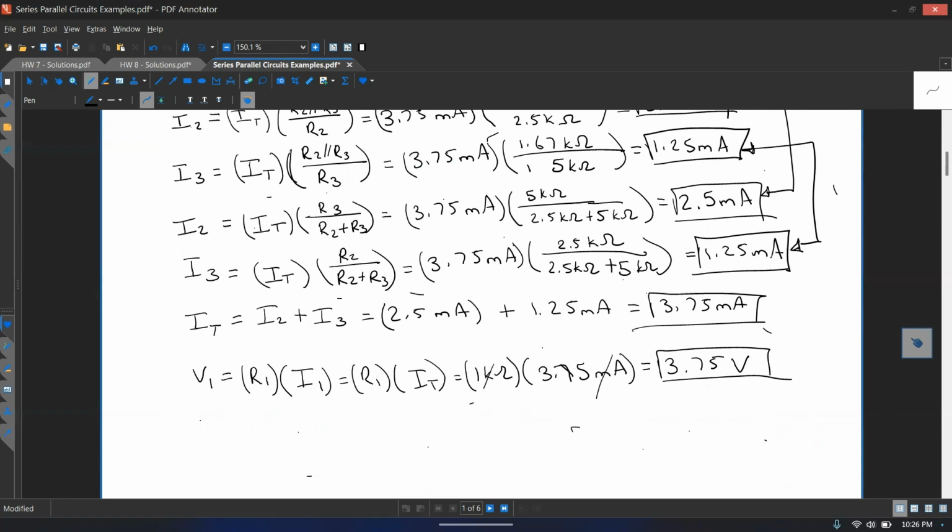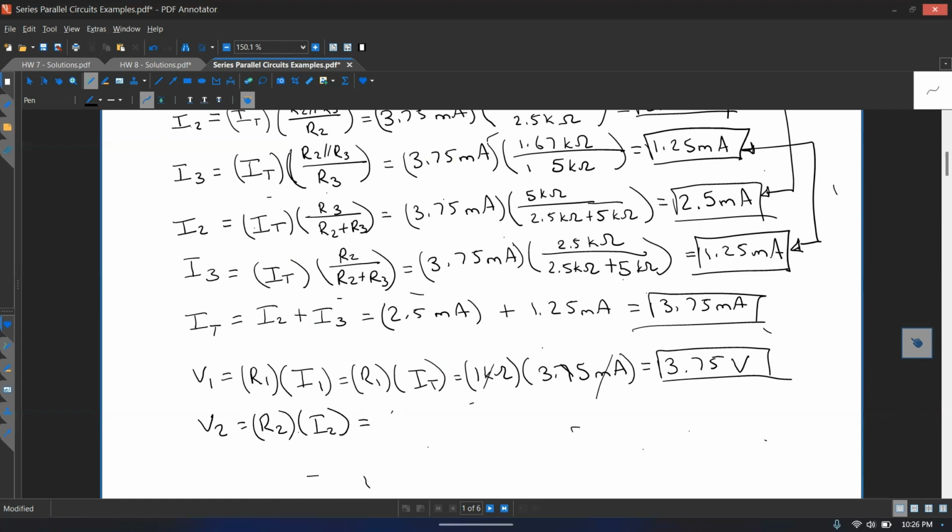All right, so what about V2? Now for V2, we can still do Ohm's law. V2 is going to equal R2 times I2.